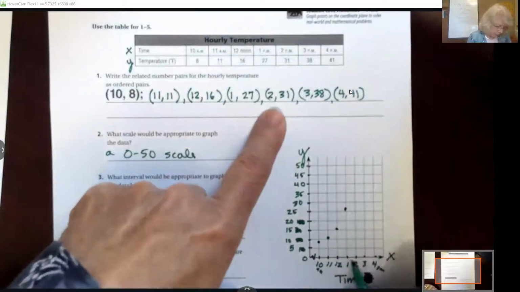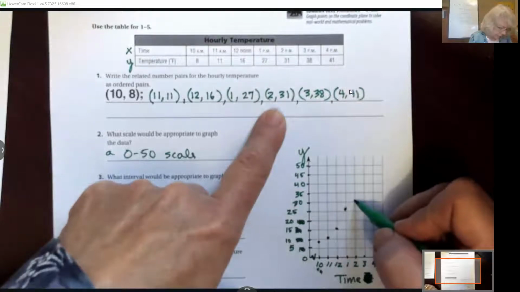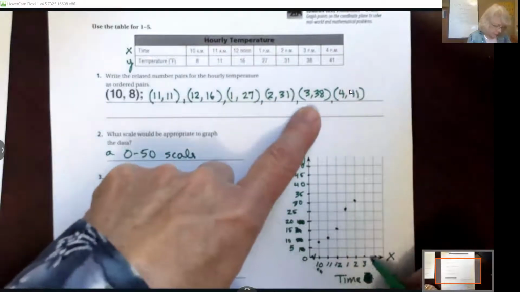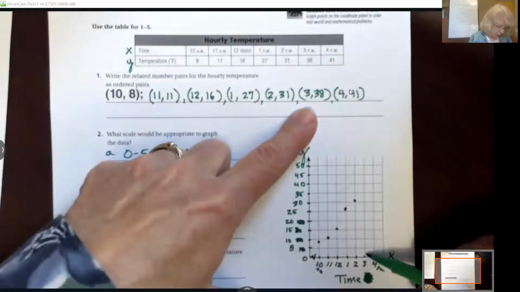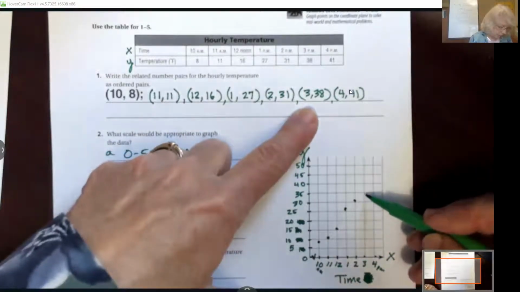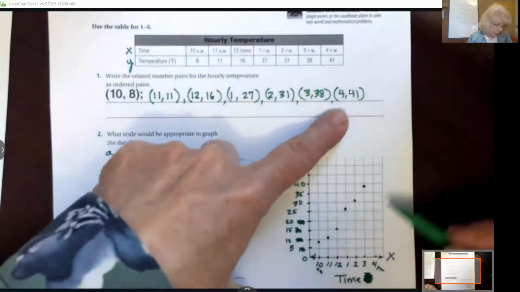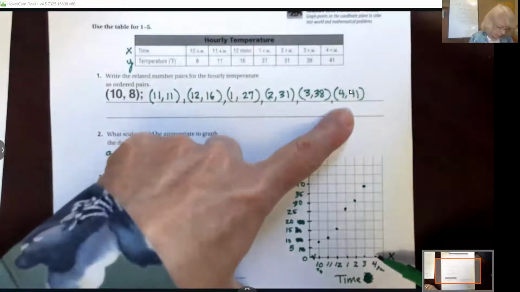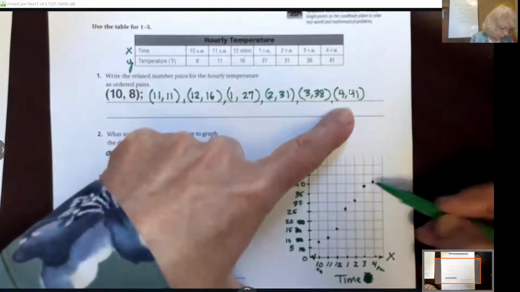And now we're going to go over to 2 p.m. and up past 30, just a little bit, to 31, over to 3 p.m. and we're going to go up to 38, which is going to be just shy of 40, and then over to 4 p.m. and up to just past 40 to 41.